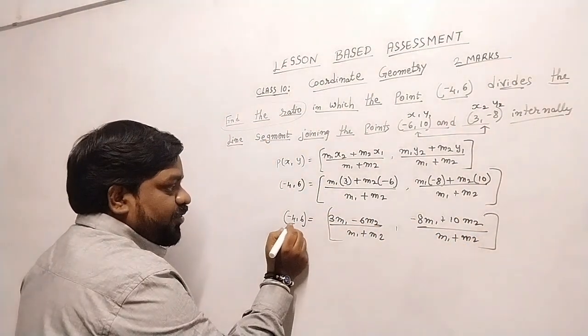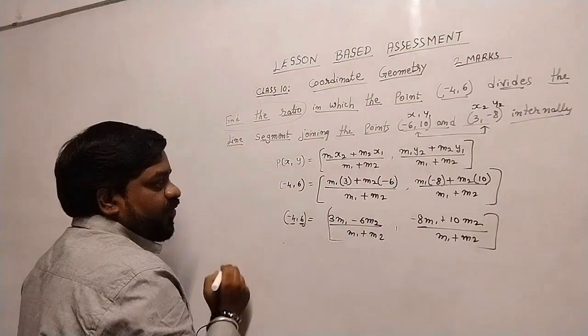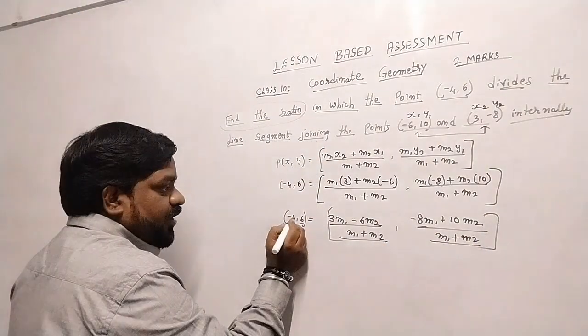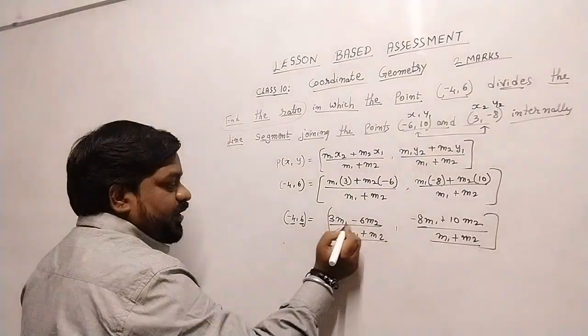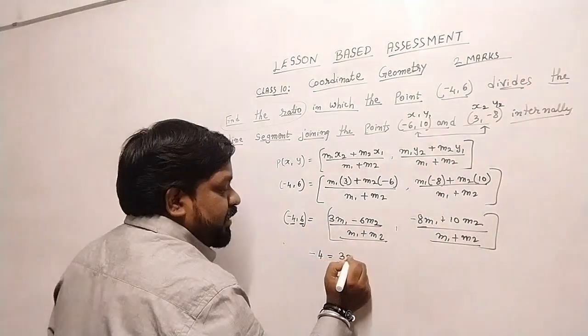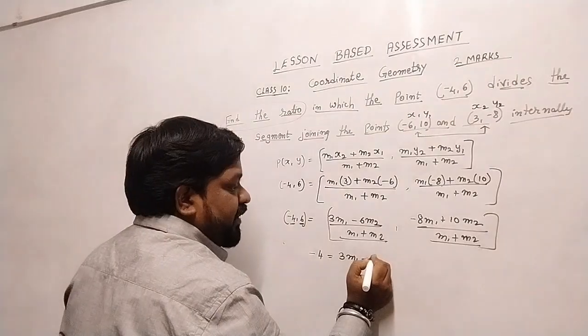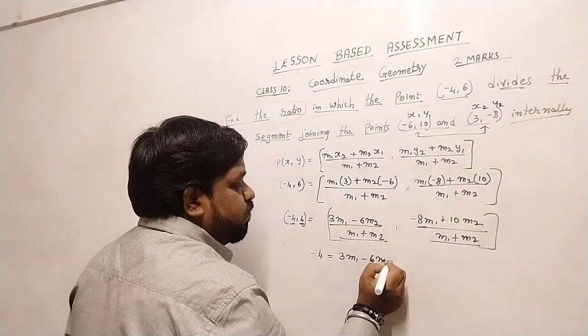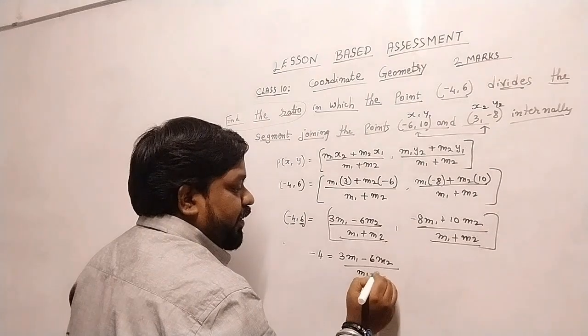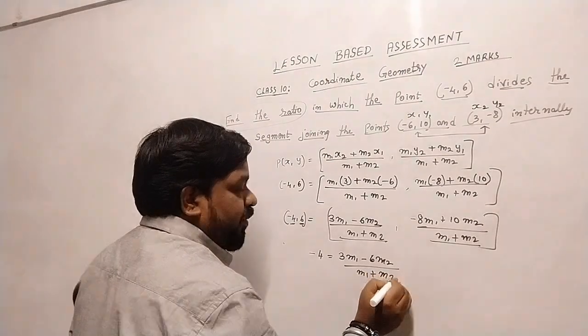You know, this is the x coordinate and this is the y coordinate. Now take only the x coordinate, that is minus 4 equals 3m1 minus 6 m2 divided by m1 plus m2.